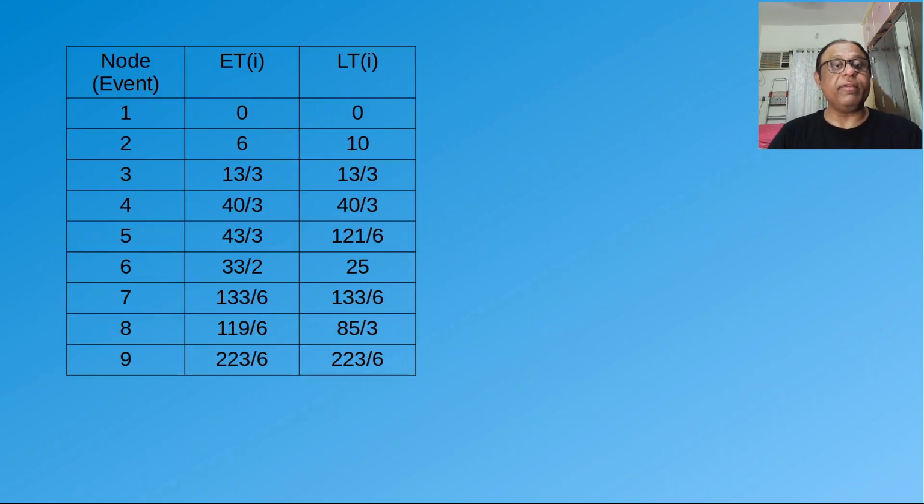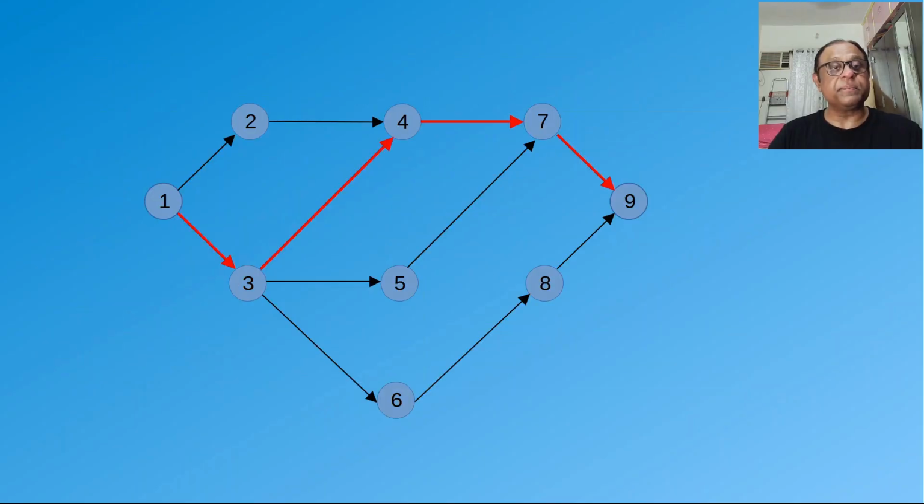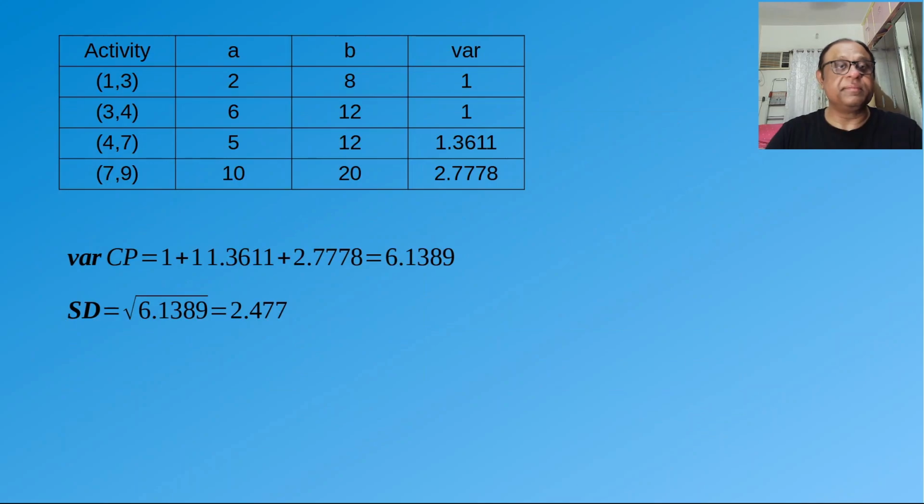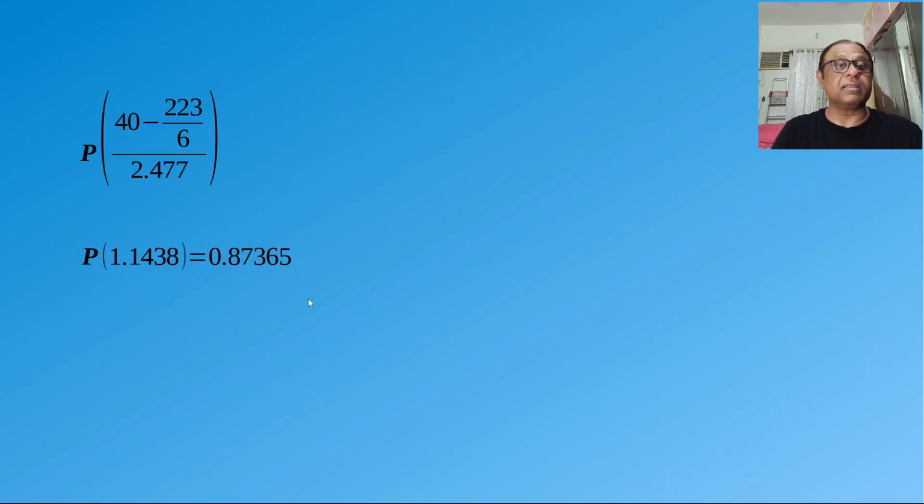Okay, so I calculate the variance of the critical path there and I sum it up. After I sum it up, that is, the sum is here, I take the square root, so I get the standard deviation of the critical path.